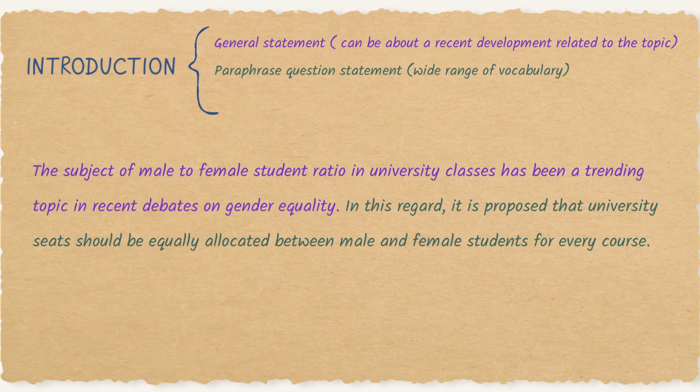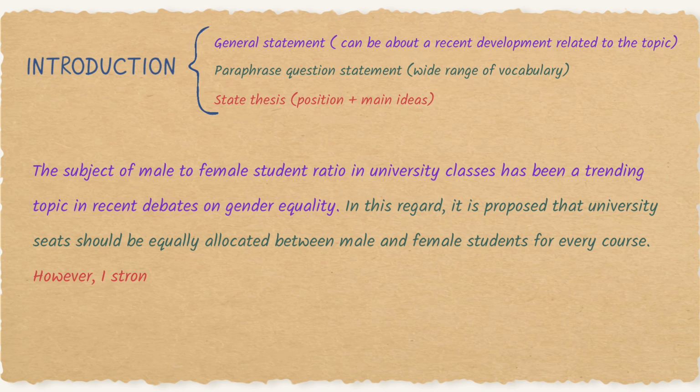Now, in my thesis statement, which is my next sentence, I should provide my position and my two main ideas, in an agree and disagree type of question. So I will write something like this.